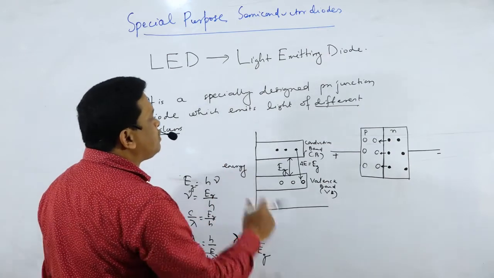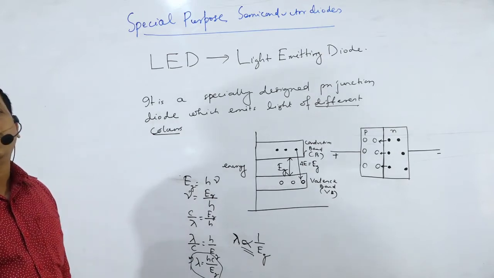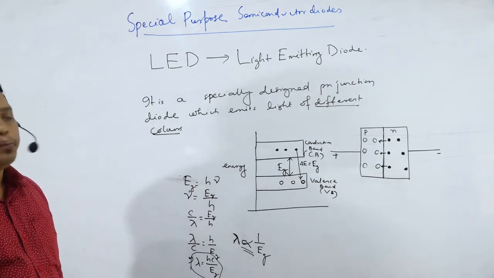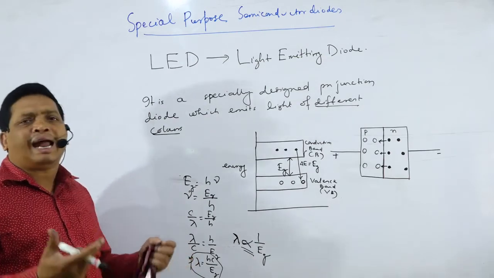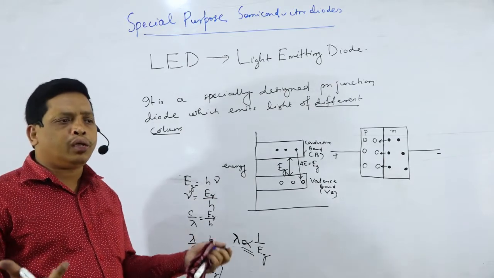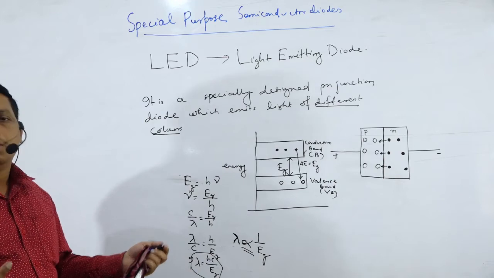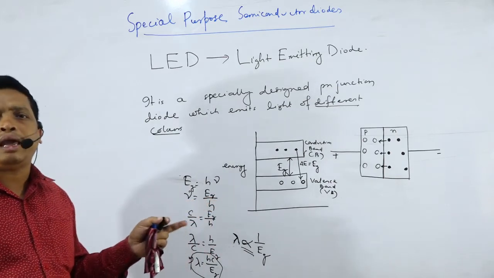Now we can use different types of materials for getting LEDs of different colors, because we find LEDs emitting red light, some emitting blue light, some yellow light, some purple light. So different colors are emitted.